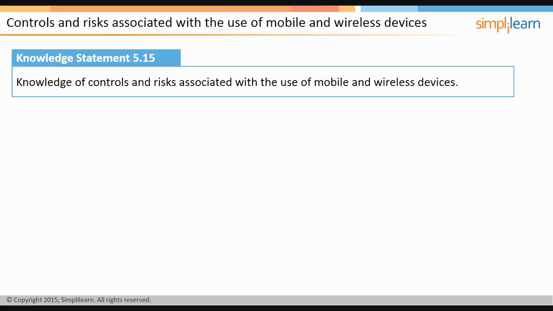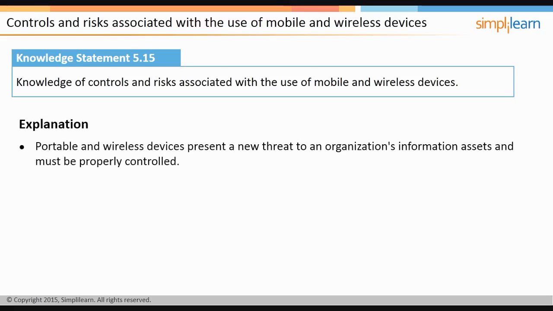The CISA candidate must have knowledge of controls and risks associated with the use of mobile and wireless devices. Portable and wireless devices present a new threat to an organization's information assets and must be properly controlled.